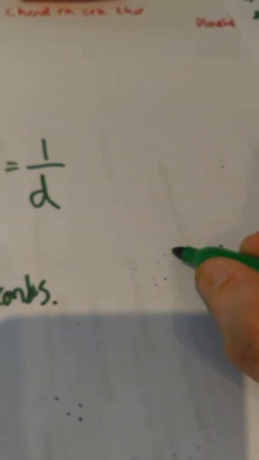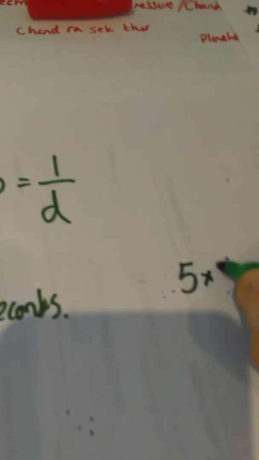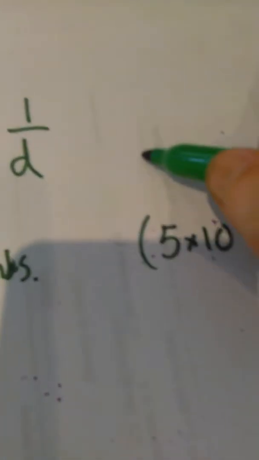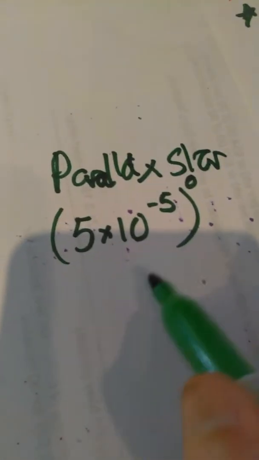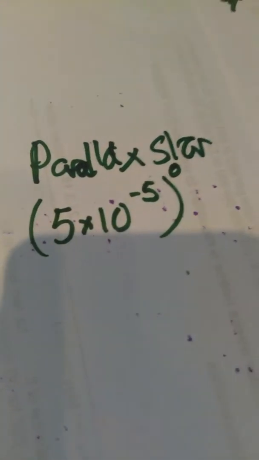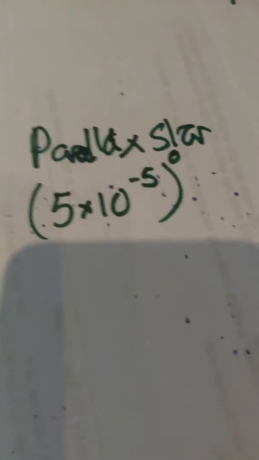We might get a question that says a star has a parallax of 5 times 10 to the minus 5 degrees, and we've got to work out the distance from Earth.